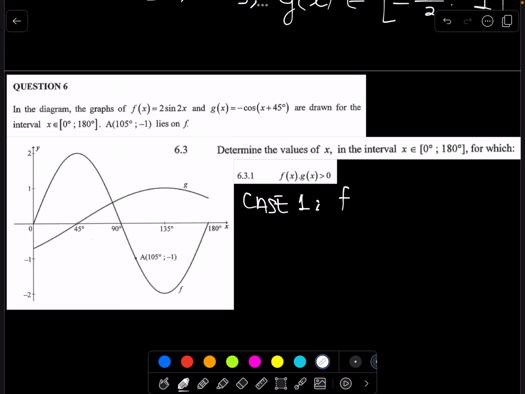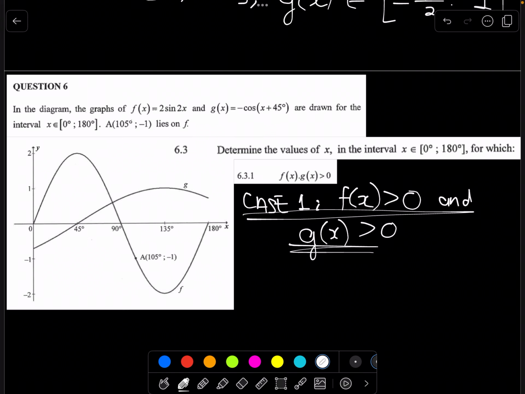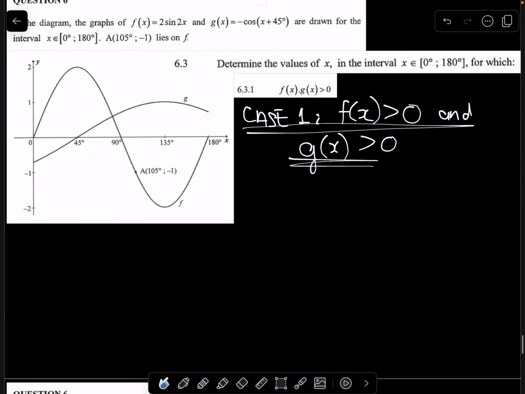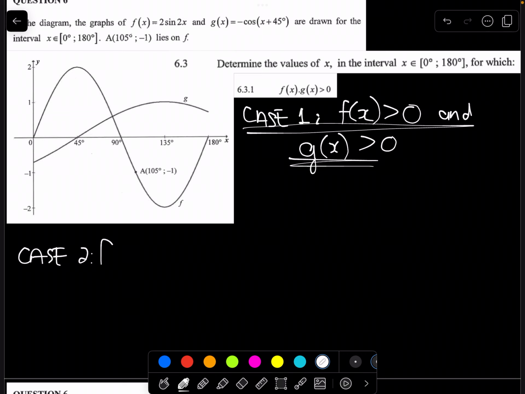The one way that this could happen is if f of x is positive and g of x is also positive. That's the one case we consider. And then the second case would be the one where f of x is negative and g of x is also negative.